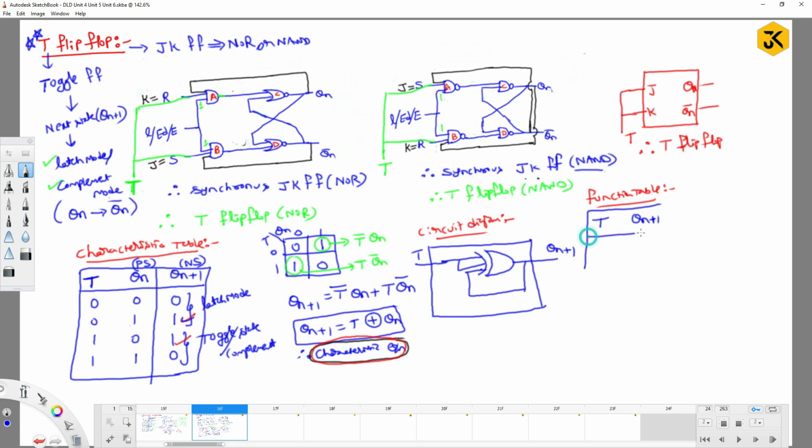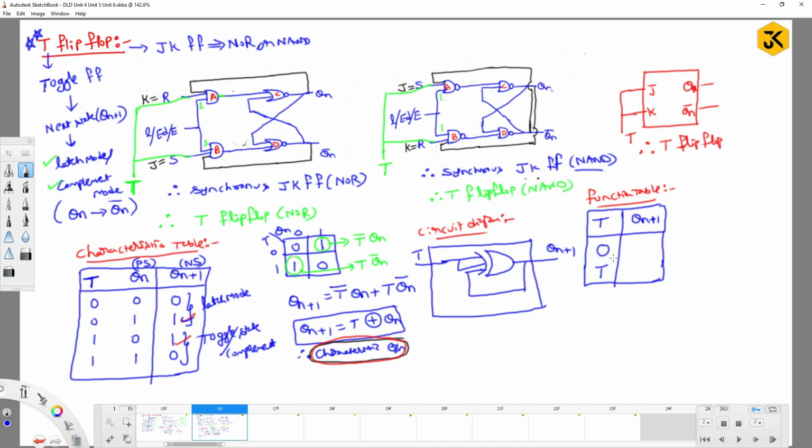Guys, here I am assuming that you already know the concept of the JK flip-flop. That's why I am going directly like this. You can go through the JK flip-flops and come back here so that you get a clear idea.